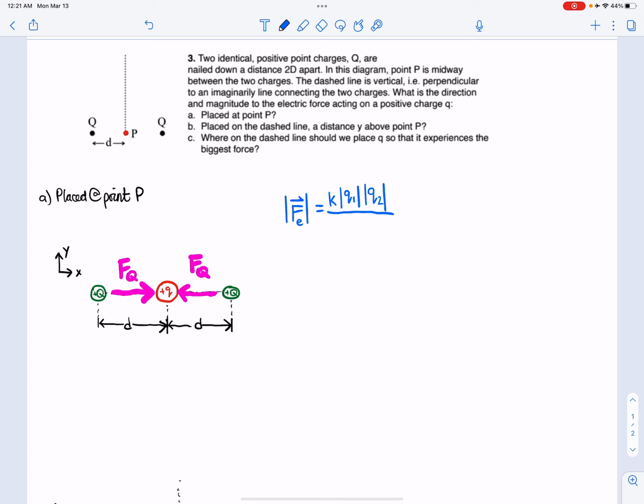And that's divided by r squared, which is the distance between the centers of charges Q1 and Q2. By Q1 and Q2, I mean this Q1 and this Q2, okay? The source charge and the point where we want to find the electric force acting on that point. Okay.